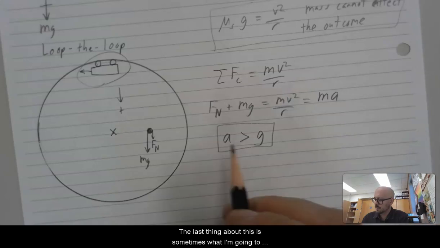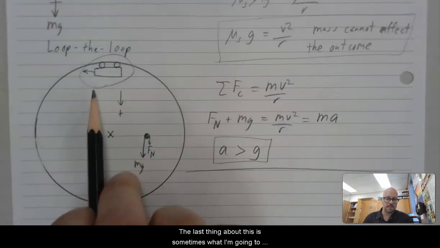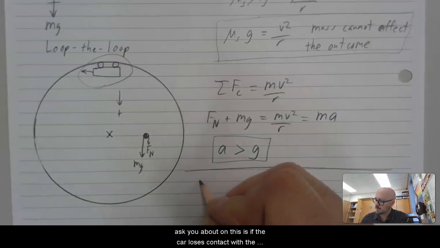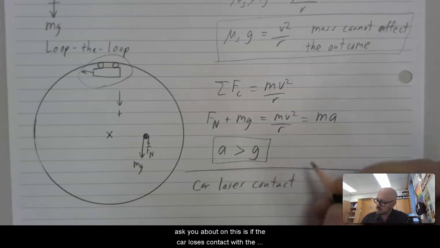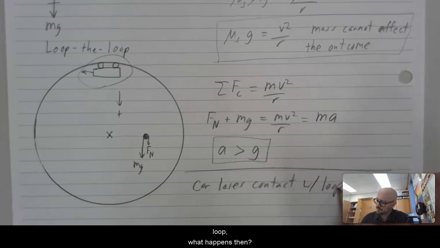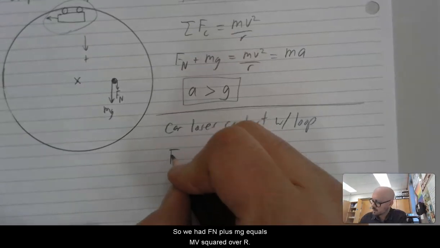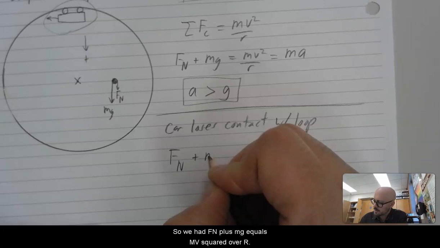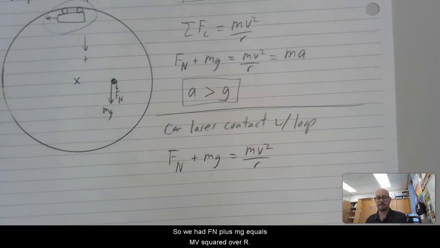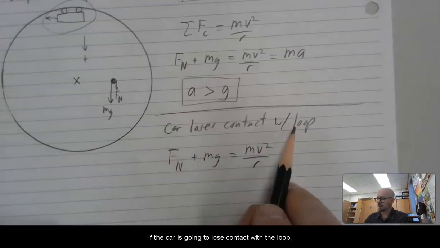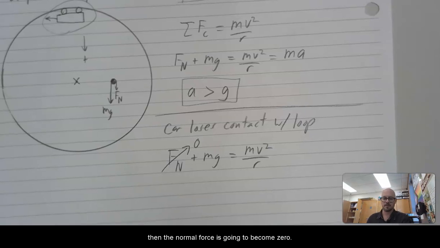The last thing about this is sometimes what I'm going to ask you about on this is if the car loses contact with the loop, what happens then, or what does the expression look like then? So we had Fn plus mg equals mv squared over r. If the car is going to lose contact with the loop, then the normal force is going to become 0.